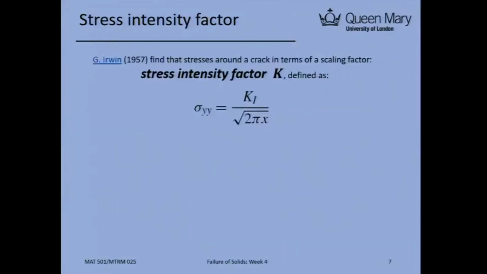Now, if you actually define a new parameter, which I already introduced in the first lecture, called the stress intensity factor. In 1957, Irwin found there's a parameter called stress intensity factor K, which you can define that K can be related to the crack tip stress sigma yy with a term square root 2 pi x.